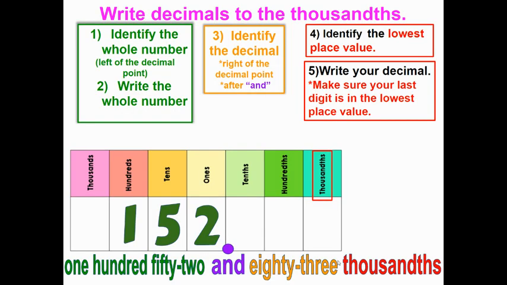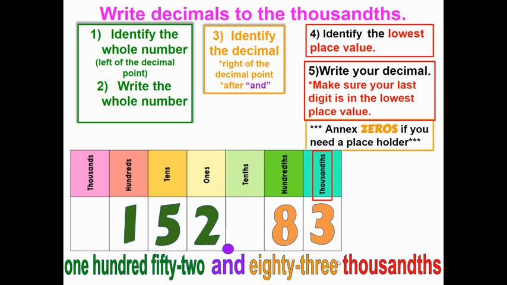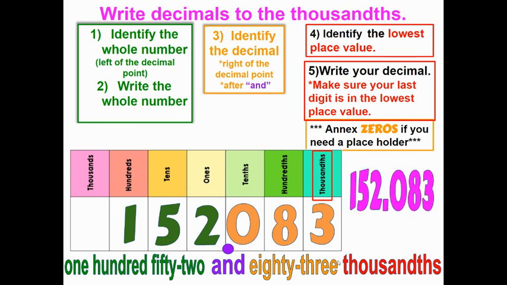And I know that my last digit needs to go into the thousandths place. So for 83, there's 2 digits, an 8 and a 3. So the 3 is going to go into the thousandths place. But I want to make sure I'm representing 83, so I'm going to put an 8 in the hundredths place. Now I'm going to annex a 0 to make sure that I'm holding the place of the tenths. So I would write this 152 and 83 thousandths as 152 decimal point 083.